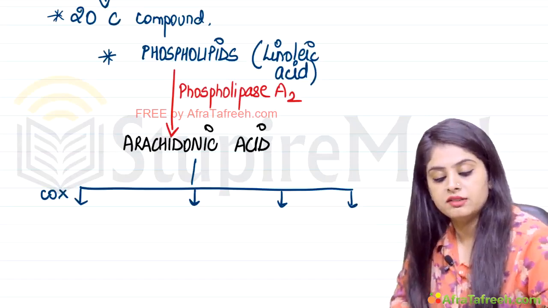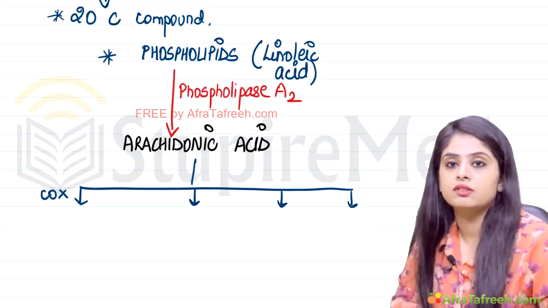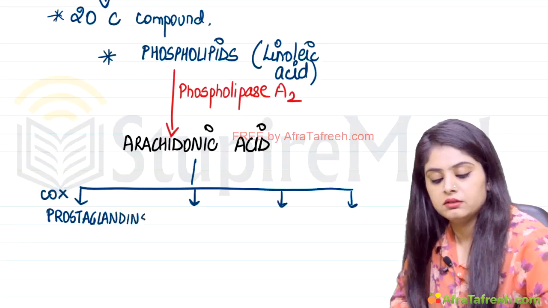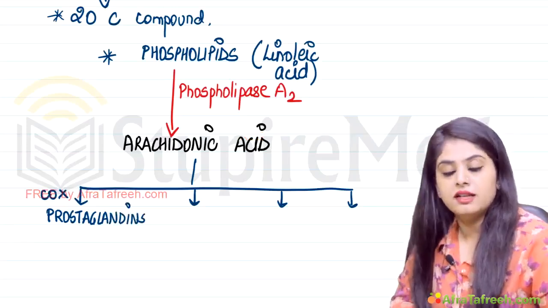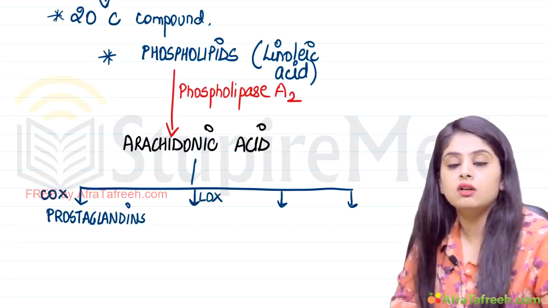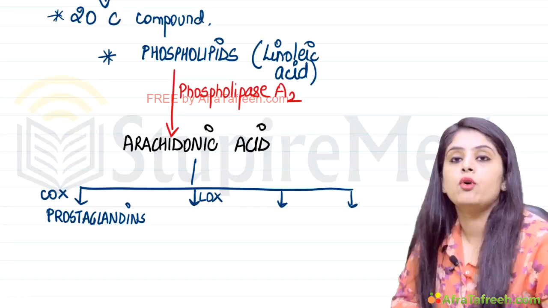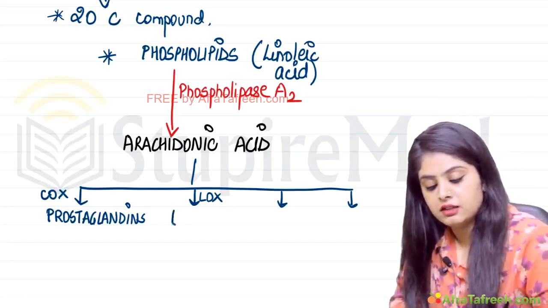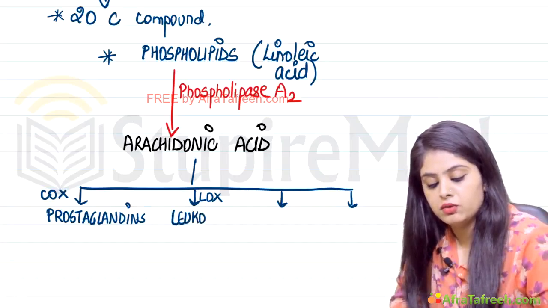What is COX? It stands for cyclooxygenase. It will result in the formation of prostaglandins. The second pathway: it can be acted upon by an enzyme called LOX, that is lipoxygenase, resulting in the formation of leukotrienes.